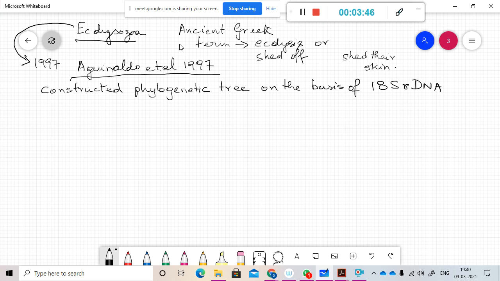So ribosomal DNA, eventually they form ribosomal RNA. 18S is a type of unit of ribosomal DNA, which forms ribosomal RNA, rRNA. The sequences were compared for invertebrates, and on the basis of that they divided organisms.